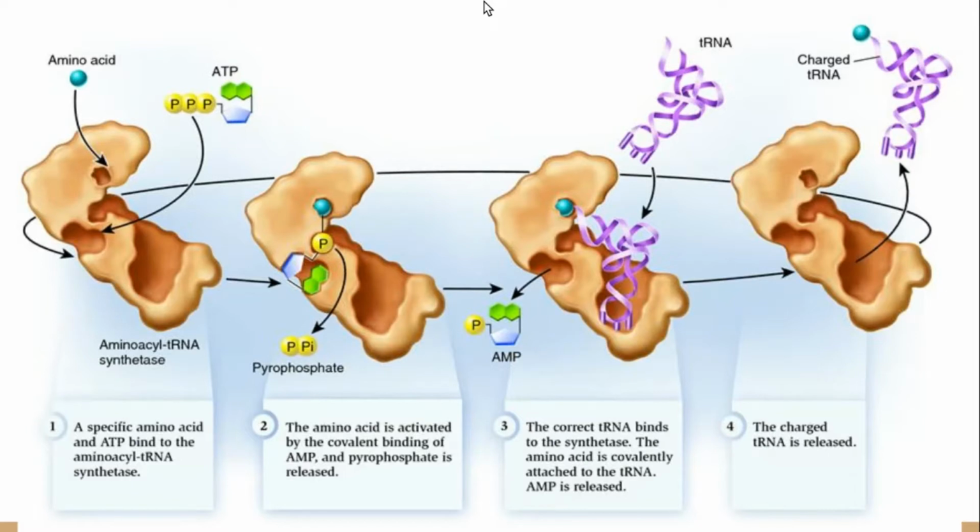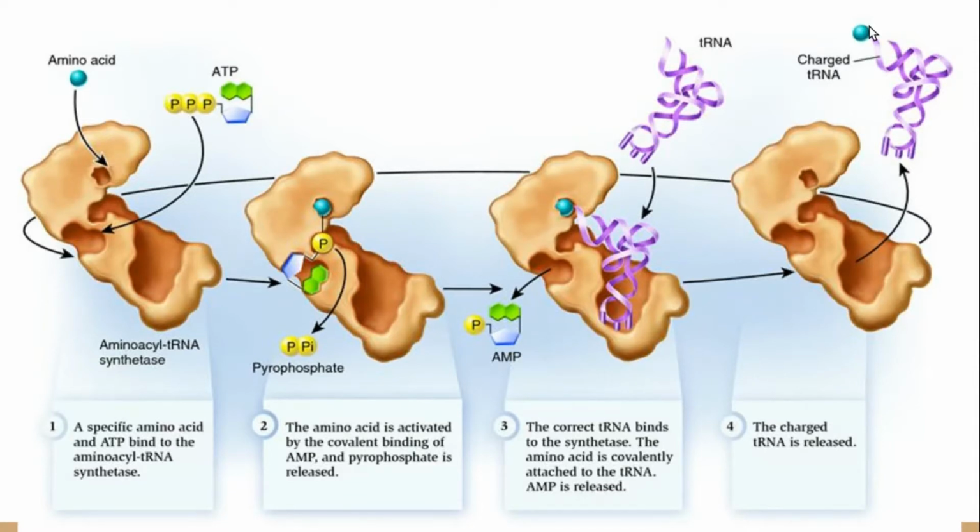However, before being sent to read the mRNA for the ribosome, the tRNA needs to be charged with an amino acid. So the tRNA is covalently attached to a specific amino acid, and this occurs at the 3' end of the tRNA. Right here, you can see it's actually charged, it's attached to an amino acid.